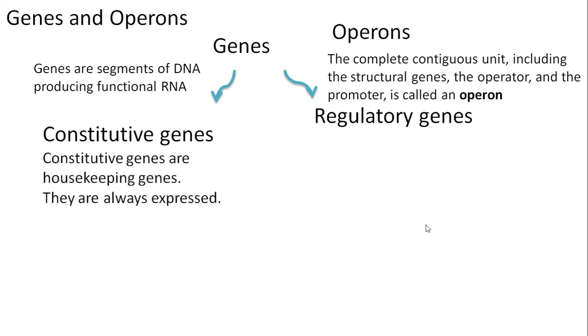So constitutive genes are housekeeping genes. They have to be expressed all the time, otherwise the cell will die. For example, genes for synthesis of essential metabolites, their anabolism, catabolism both may be included.